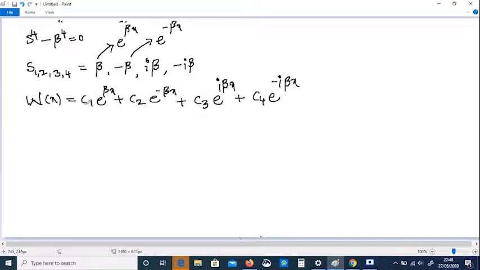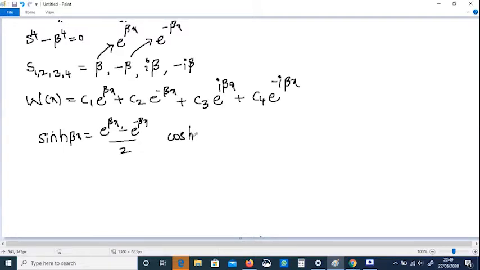And this equation can be rewritten in terms of sines and cosines, and we will see how. So for that, consider sine hyperbolic of beta x equal to e to the power of beta x minus e to the power of minus beta x divided by 2.